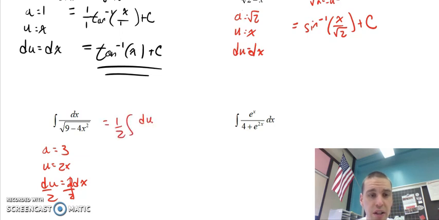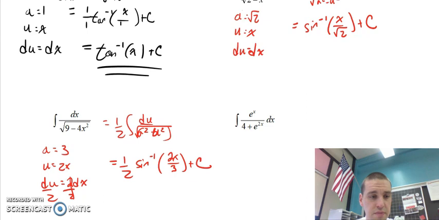Now I can rewrite it as, let's see, u squared. So now the answer, the key here was just dividing by 2. I can get 1/2 sine inverse of 2x over 3 plus c.